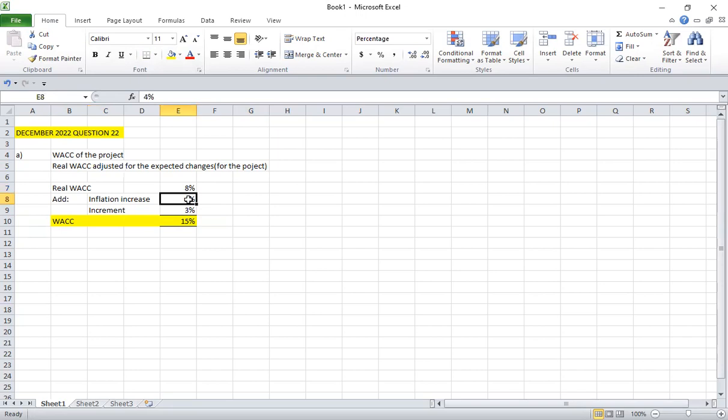Remember, inflation normally increases costs, so you increase the 8% by 4%. Then we have another increment expected for the project, 3%. When you add all of them, you end up with a total of 15%. If there is no question, we shall proceed on to part B.